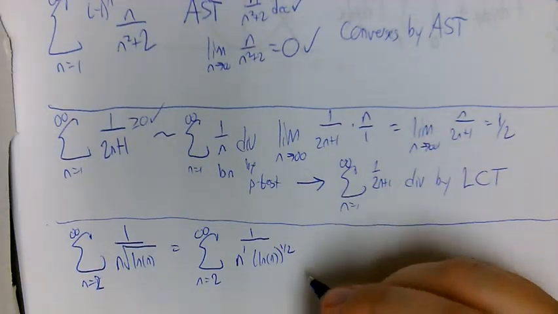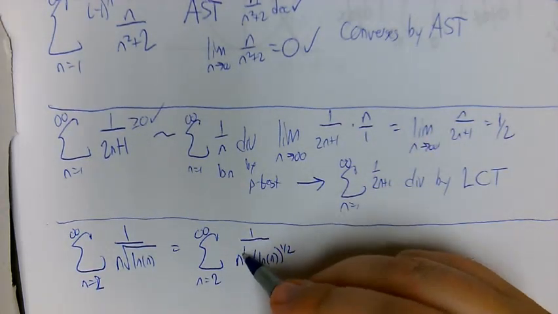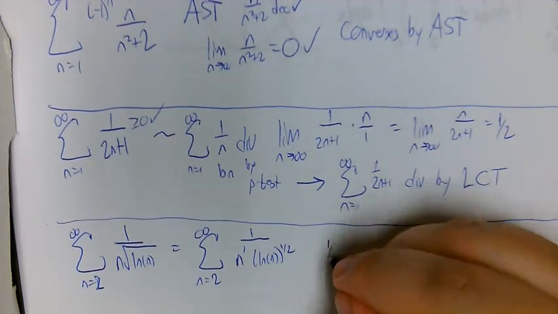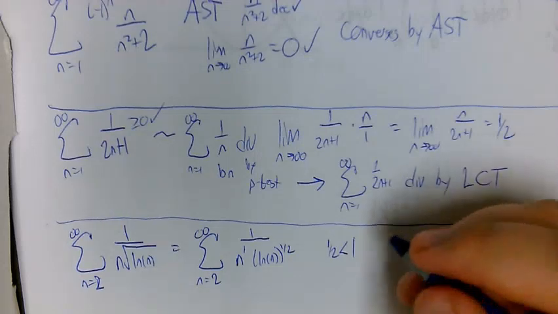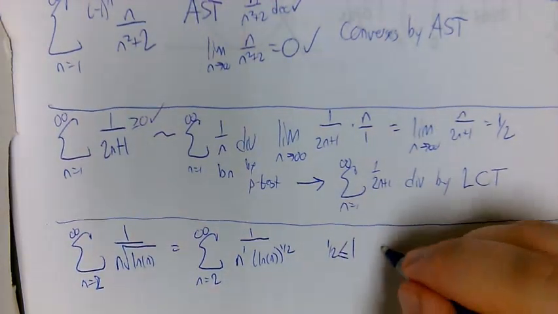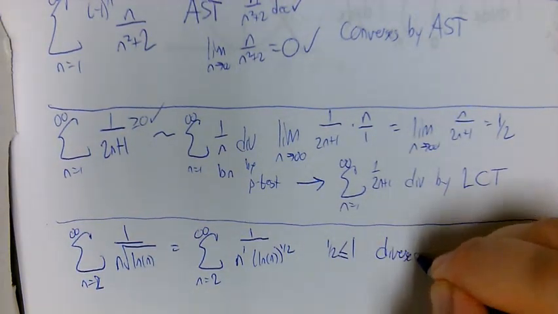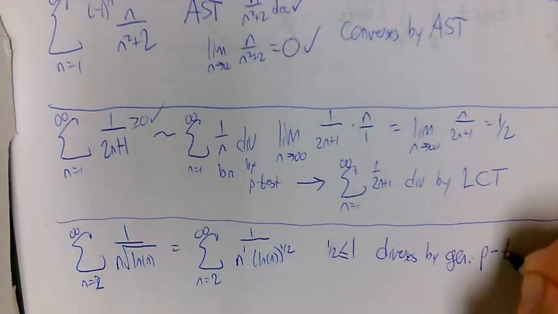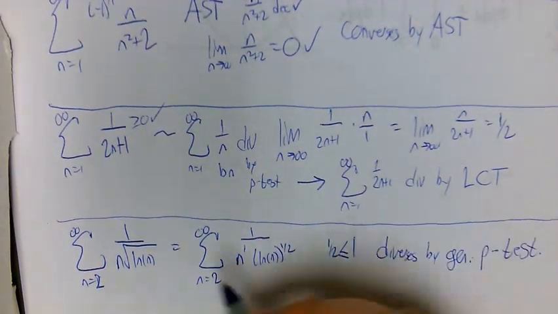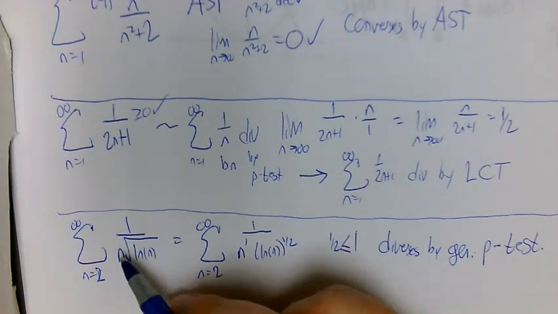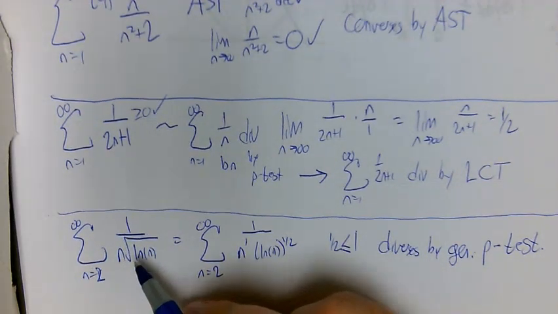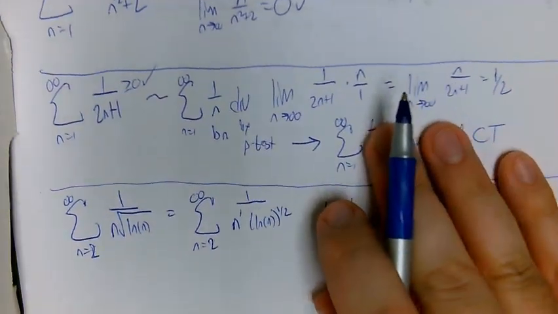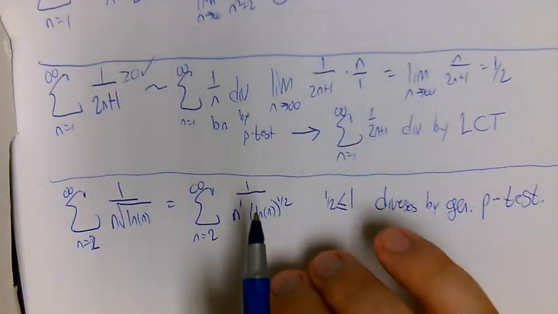Now remember, with the generalized p-test, if our power of n is equal to 1, we look at the power of natural log of n. But the power here is going to be less than or equal to 1, so this diverges by the generalized p-test. So if you ever get a product of just n to a power and then log to a power, that's definitely going to be a generalized p-test, or maybe even just a p-test.